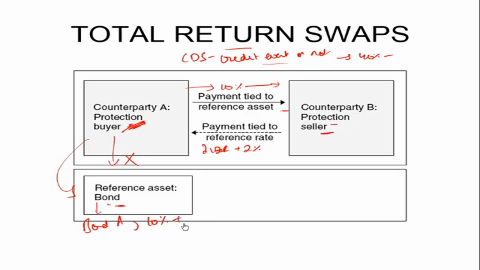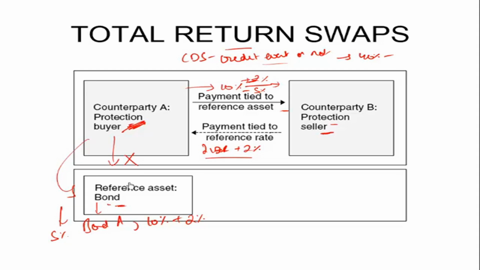If bond A has a further capital gain of 2% in 1 year, then counterparty A will actually give 10 plus 2% in exchange for LIBOR plus 2%. So whatever happens to bond A will simply be transferred to counterparty B. If this bond goes down by 5%, for example, counterparty B will give back 5% to counterparty A, or counterparty A will only give 10 minus 5%, that is 10% coupon minus 5% loss in capital, to counterparty B, and in return receive a fixed rate of LIBOR plus 2% or LIBOR plus 3%, whatever it may be.